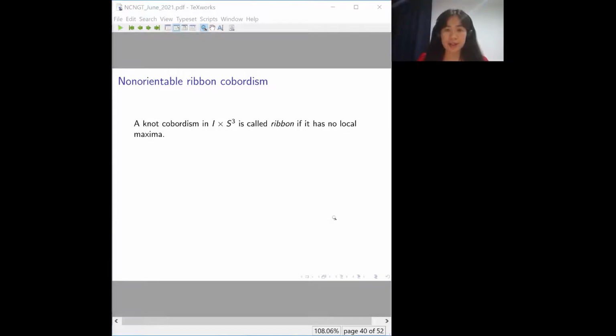A knot cobordism is called ribbon if it has no local maxima. So in particular, a ribbon concordance is a ribbon cobordism that's also a concordance.